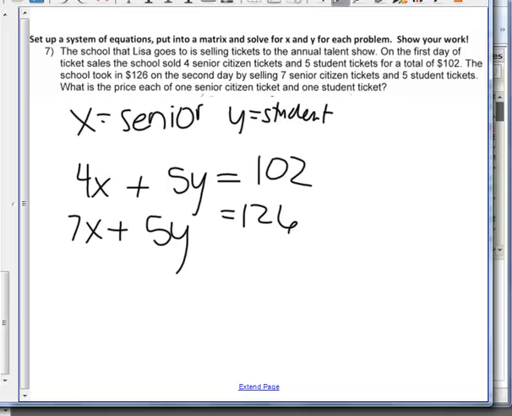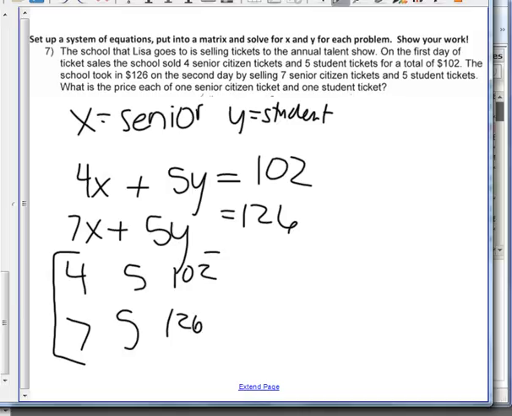So you would put this into a matrix, and then type it into your calculator and then find the solutions. This is for number 7 on your homework. Then your homework for the day is 1 through 6 and 11. I cut out a few problems.